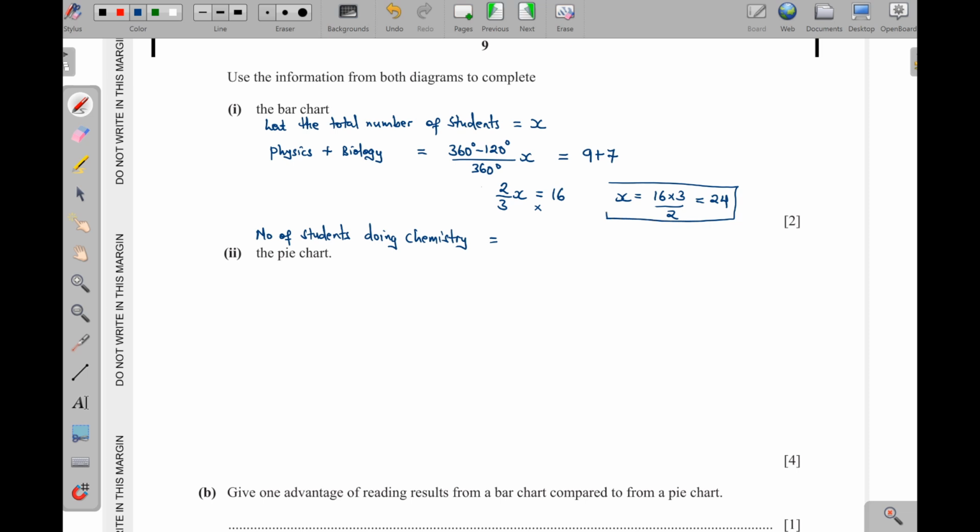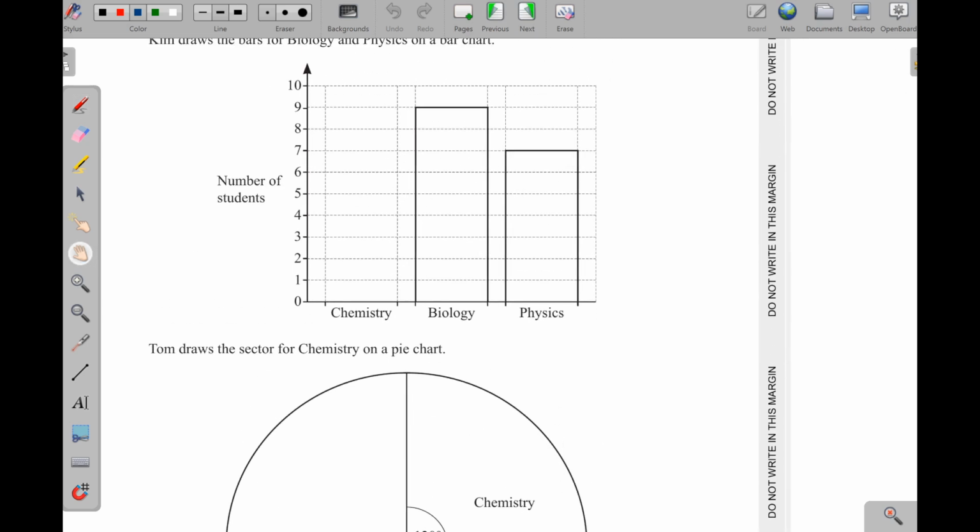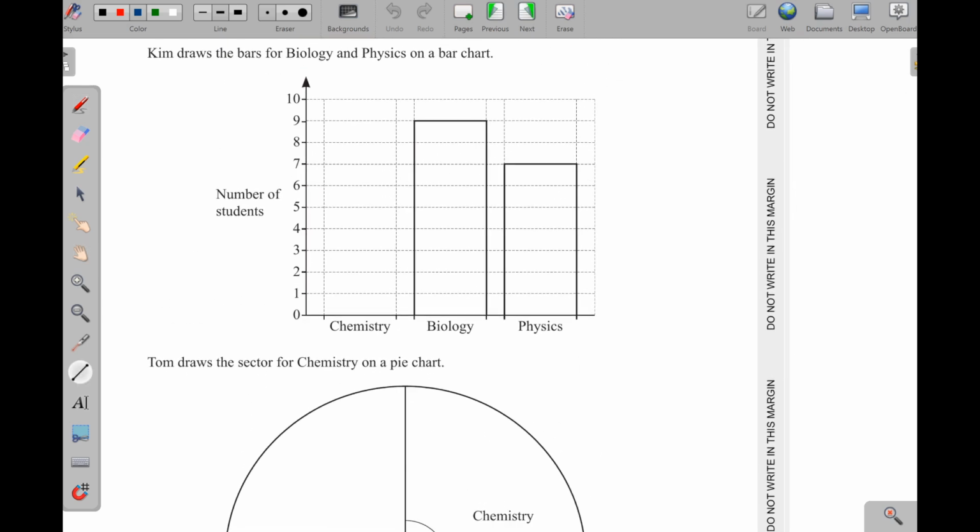Okay? So meaning the number of students who are doing chemistry will be 24, then minus this 9 plus 7, or minus the 16. Are we there? And this one will give us what? 8. So that means when I come this side, I'll draw my bar graph on 8.